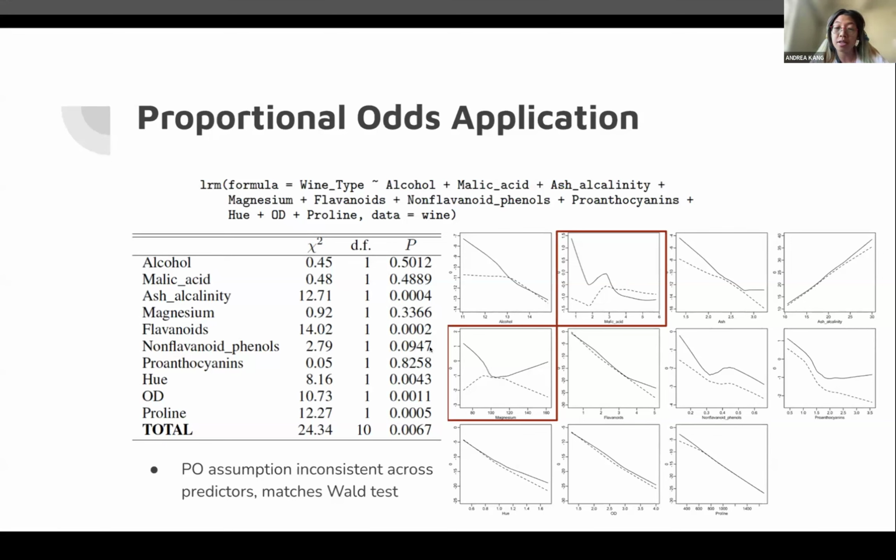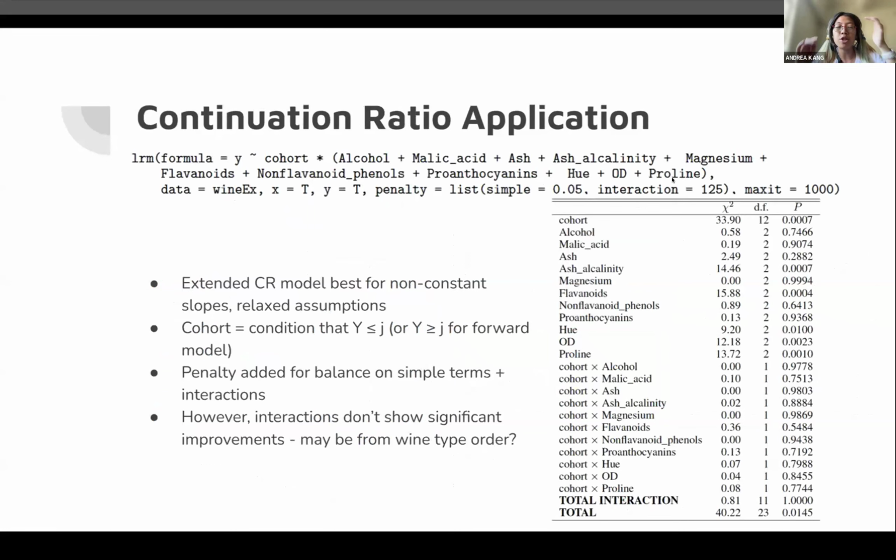However, since this is inconsistent across predictors, it may be more useful to assess the conditional odds, the continuation ratio model. So that's why we wanted to use the extended CR model, with a condition. We incorporate the cohort, the condition that y is greater than or equal to j, at least for this forward continuation ratio model.